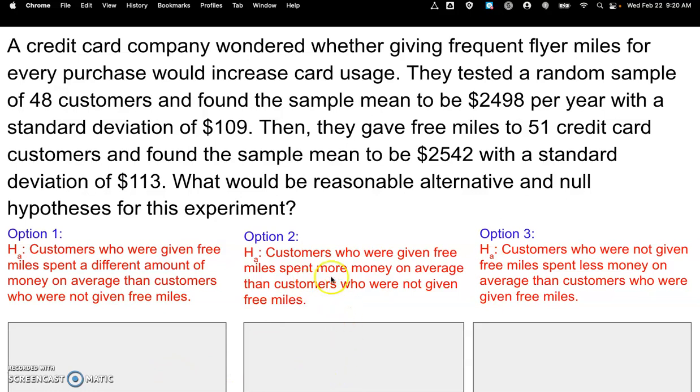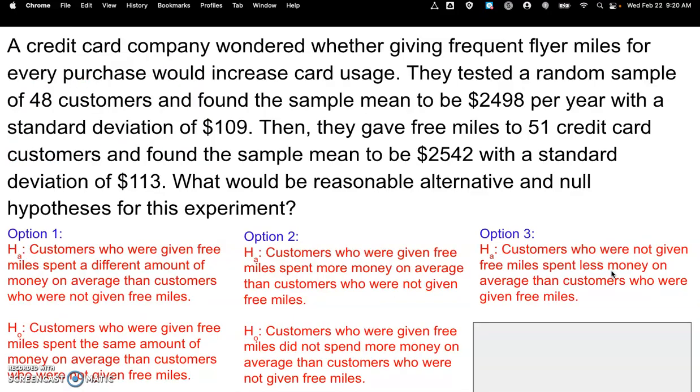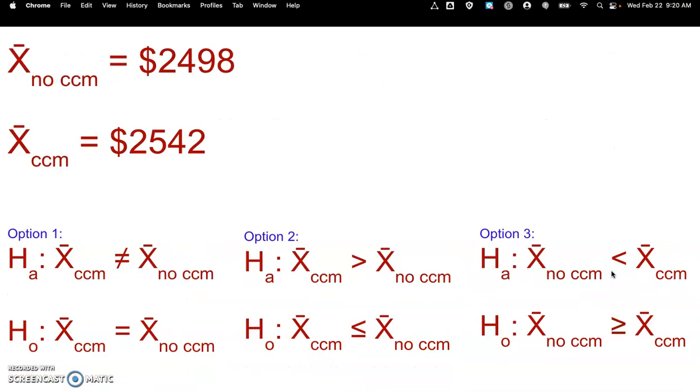So the opposite of spending more money is going to be spending less than or equal to that amount of money. The opposite of spending less is going to be spending a greater than or equal to amount of money. Hopefully that kind of makes sense.